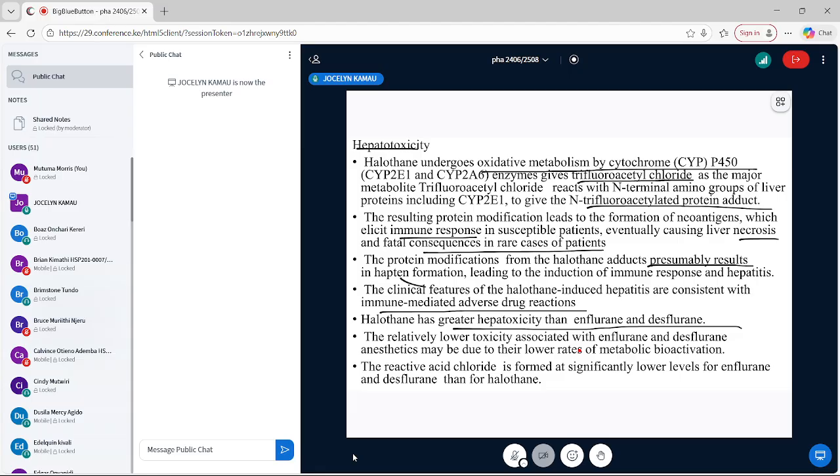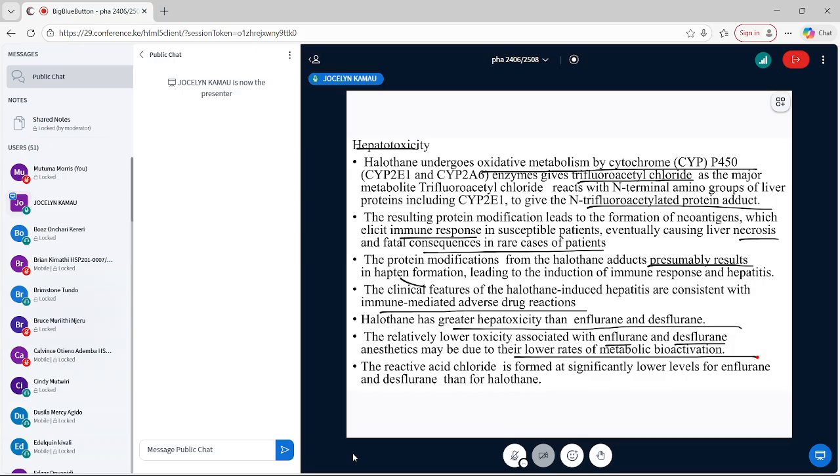The relatively lower toxicity associated with enflurane and desflurane anesthetics may be due to their lower rate of metabolic bioactivation. Halothane is metabolized very fast into the toxic trifluoroacetyl chloride.